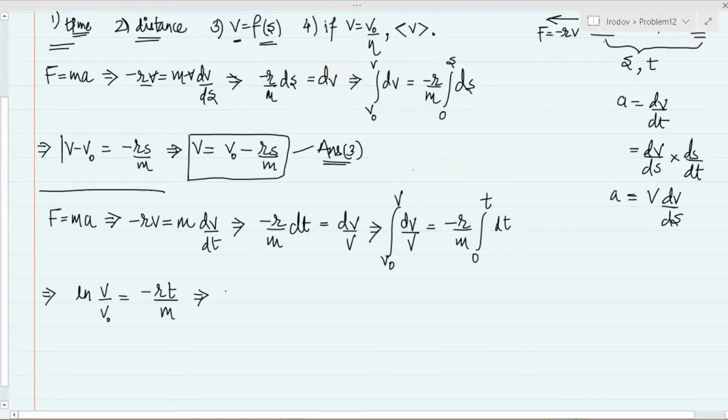This gives us v by v naught is equal to e to the power of minus rt by m, which gives us v is equal to v naught times e to the power of minus rt by m.